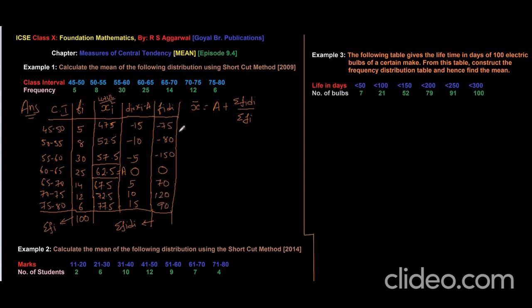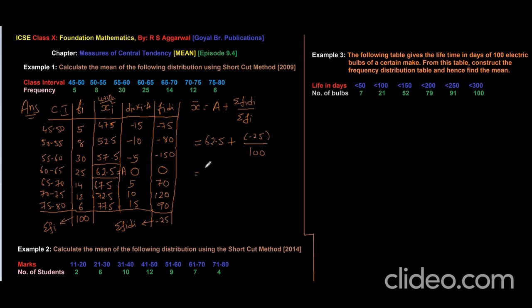If you add all these things, then you get minus 25. So you got the value. Place the value in the formula. So what is the value of A? You have chosen 62.5, plus what is the value of sigma Fi di? That is minus 25. Always write in brackets, so that plus and minus becomes minus. And sigma Fi is how much? 100.